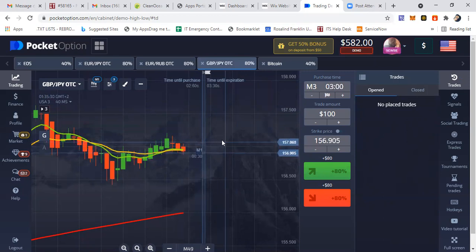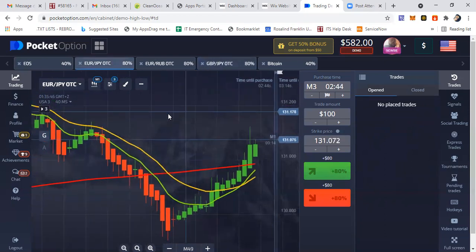GBP is one of the most traded currencies, and it's traded against a lot of different other pairs. So GBP will go against you here and there, right?